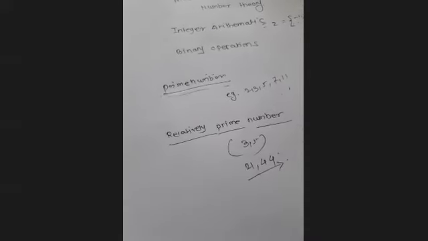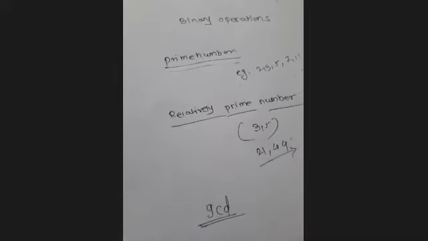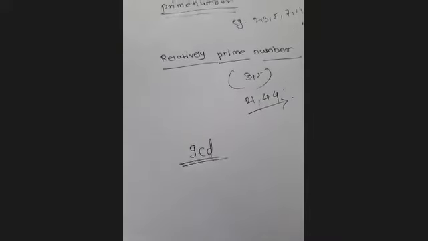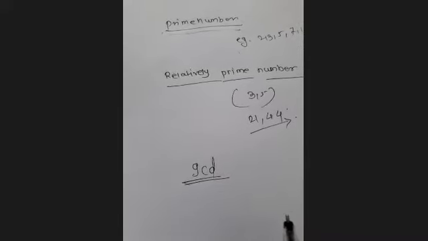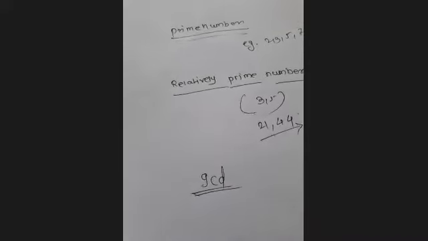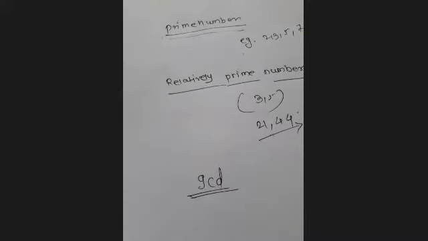After this we need to calculate the GCD. Everyone, I think, is aware of the GCD, the greatest common divisor, isn't it? The greatest common divisor of two positive integers.